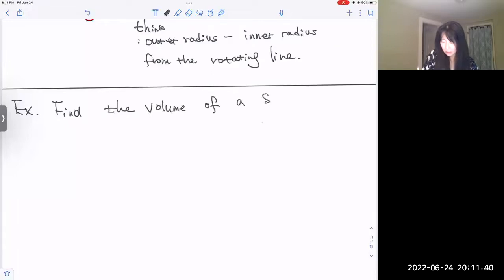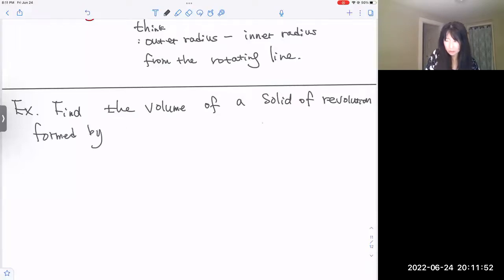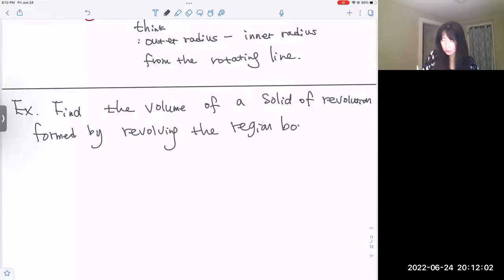Volume of solid of revolution by revolving the region bounded. I wanted to make this statement because you know which one is the top graph and which one is the bottom graph, right?